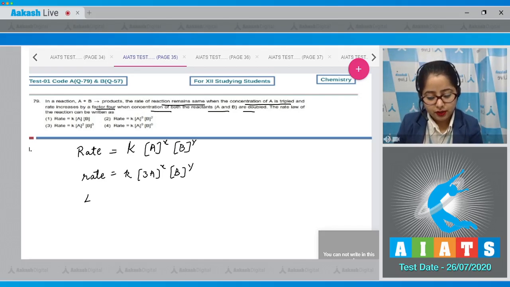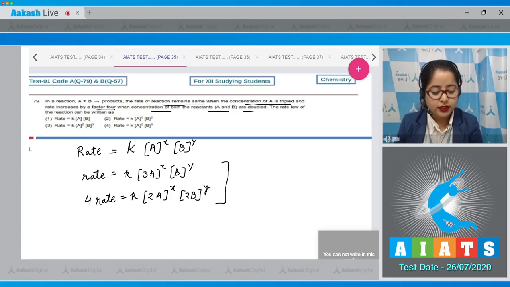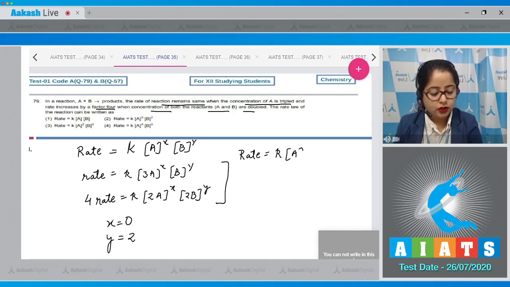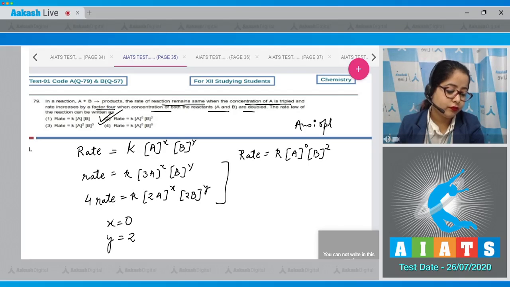That means the rate becomes 4 times when the concentration of both the reactants, that is A and B, becomes double. When we solve these two equations, the value of X will be 0 and the value of Y will be 2. That means we can write the rate law: rate is equal to K, concentration of A raised to the power 0 and the concentration of B raised to the power 2. That means the correct answer is option number 2.